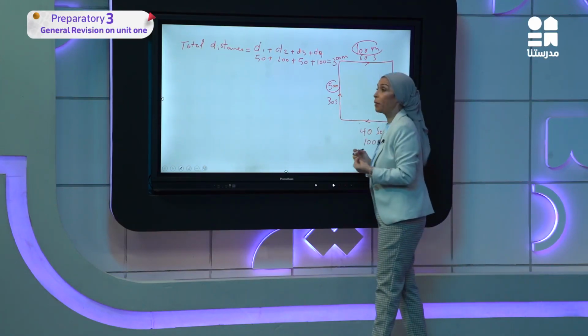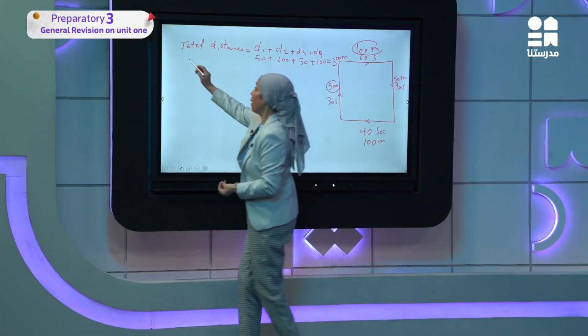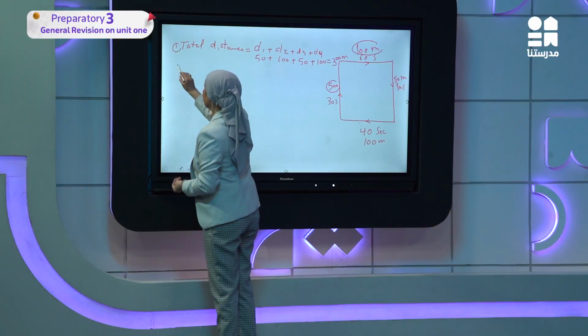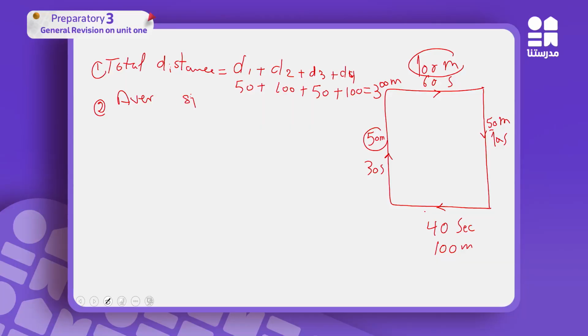And I know that if I want to calculate average speed, I need total distance over total time. So the second one here: average speed equals total distance over total time.